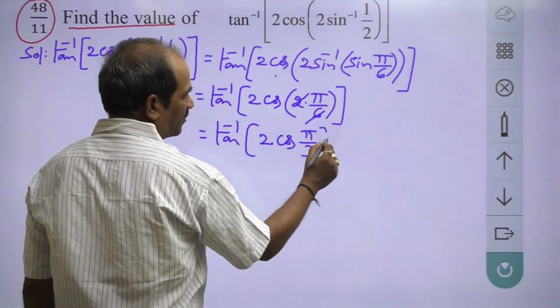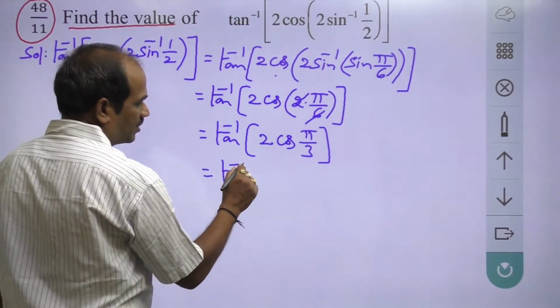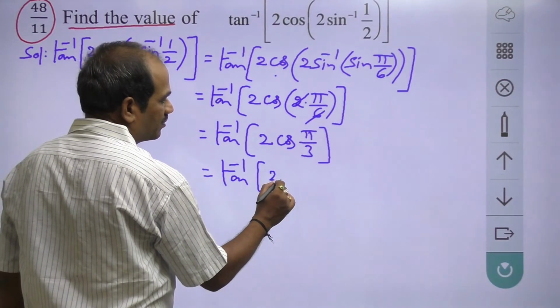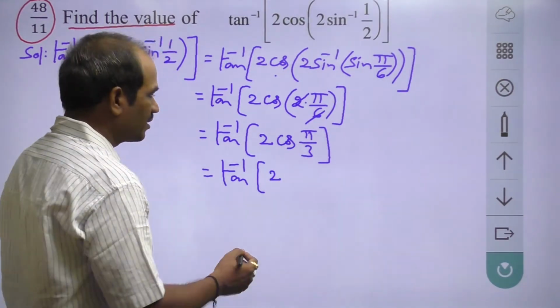That is equal to tan inverse of 2 into cos of pi by 3. Cos of pi by 3 means cos 60, and the cos 60 value is 1 by 2.